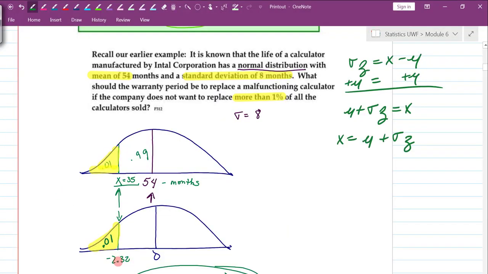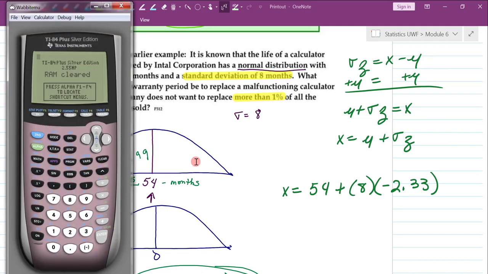So we're going to say that x is equal to mu, which was 54 months, plus sigma, which is 8 months, times our z, which was negative 2.33, with that correction. We'll pull up a calculator real quick. So x is equal to 54 plus 8 times negative 2.33.